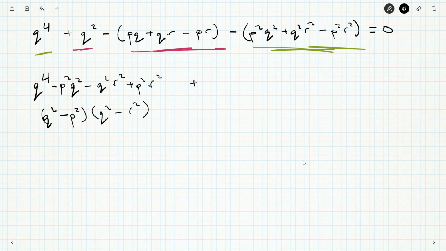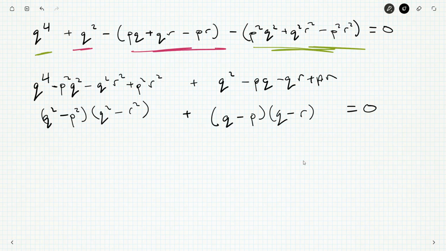And this one, I think, is q squared minus pq minus qr plus pr. This one is going to be q minus p, q minus r. So these have to be equal to 0, and I have to add to be equal to 0. And we get q minus p, q minus r here.